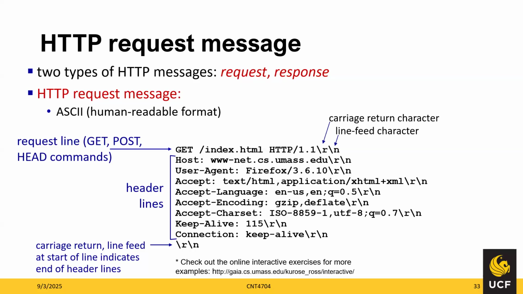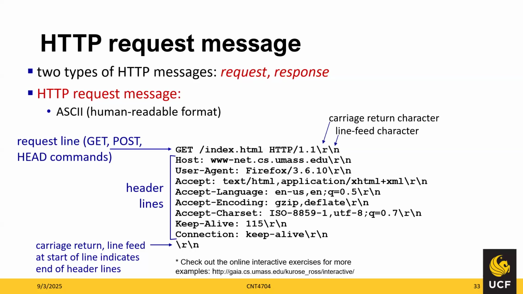A request message begins with the request line, and that could be GET or POST. That means the request has been initiated. It also includes the URL that we're trying to access, index.html. It specifies the HTTP version, which is 1.1.